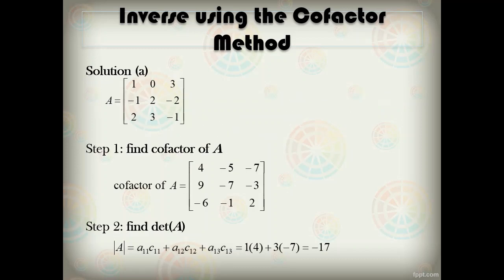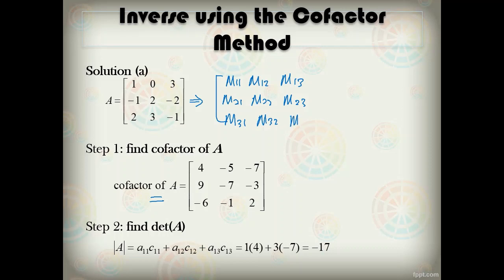After you find the minor, you multiply each minor element with the positive and negative sign, and then you get your cofactor A. From here you need to find the minors M11, M12, M13, M21, M22, M23, M31, M32, M33, where this is the minor of matrix A.